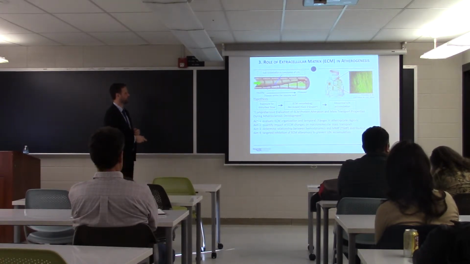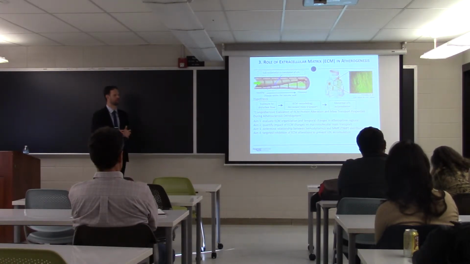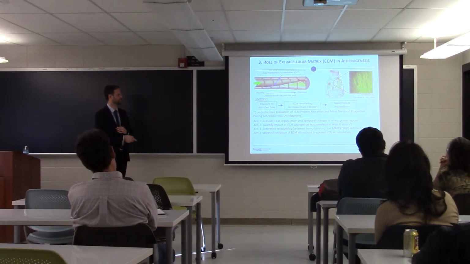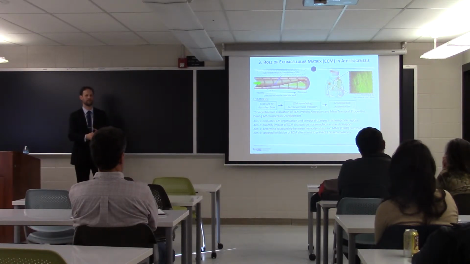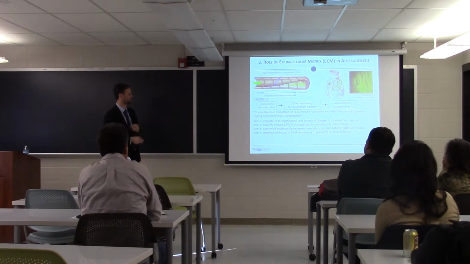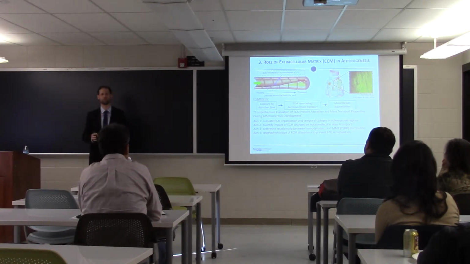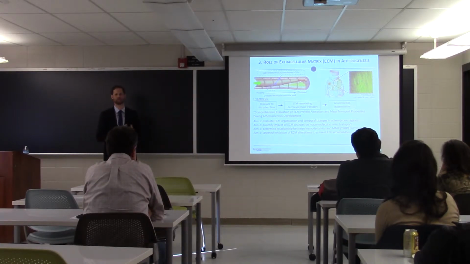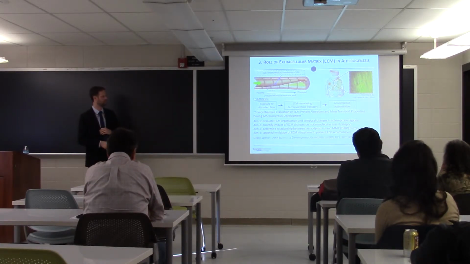So the goal is a comprehensive evaluation of these protein alterations and their effect on mass transport in the disease process. Again, it's image-driven computational modeling: identifying the microstructures from available imaging techniques, using that to build mass transport models of macromolecules, and then understanding how changes in the structure itself drive the disease process.